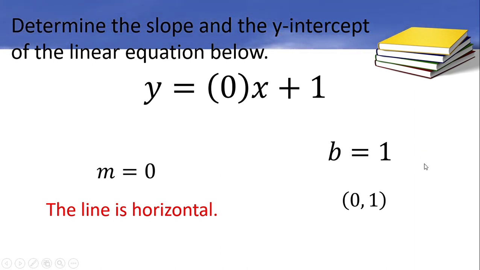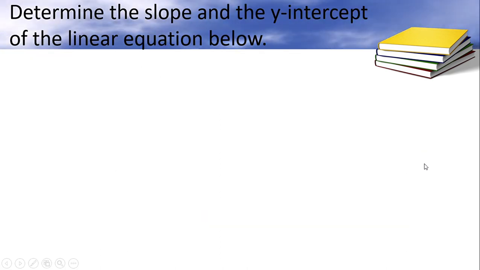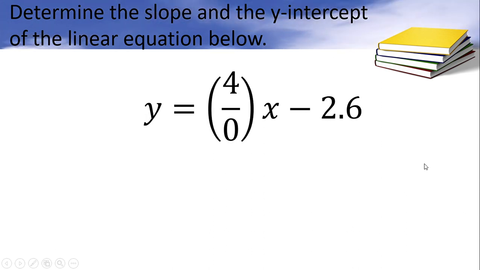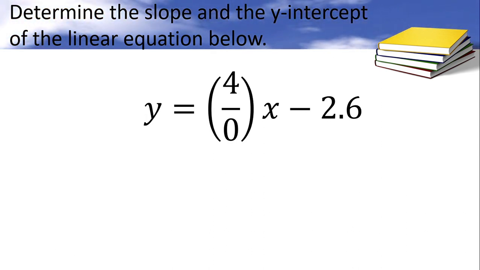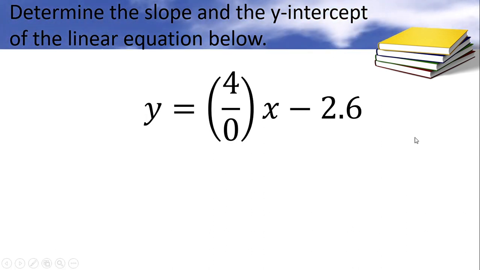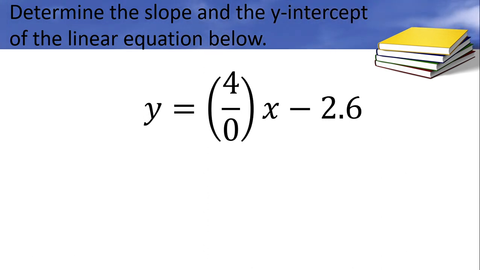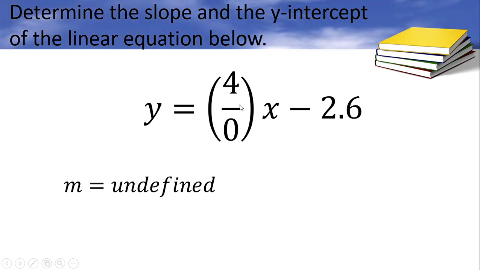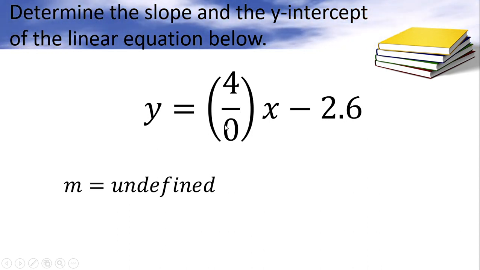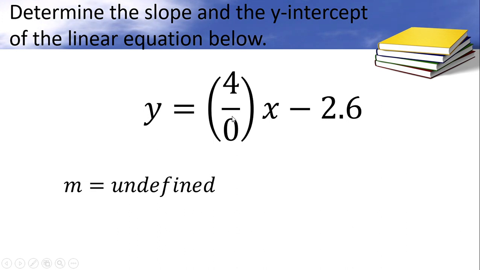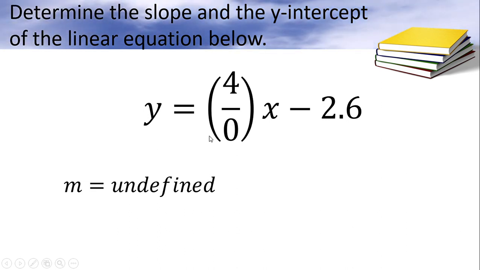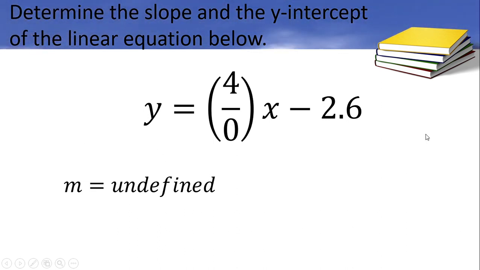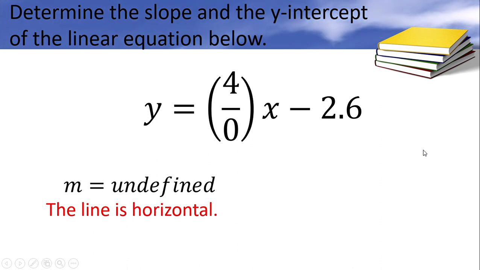Next example. We have y is equal to 4 over 0 x minus 2.6. What is our slope? Our slope is undefined, since we have 4 over 0. Zero is the denominator, and we cannot divide 4 by 0. So what will be the graph? The graph is vertical.